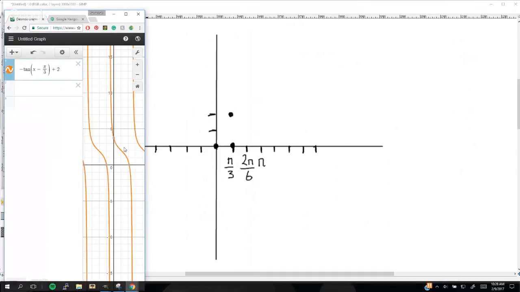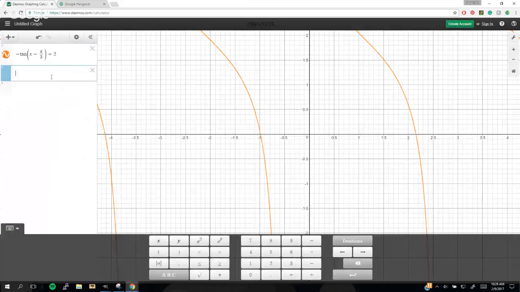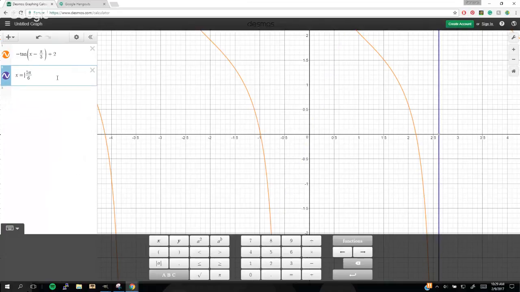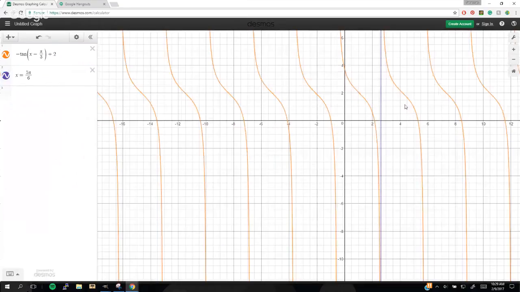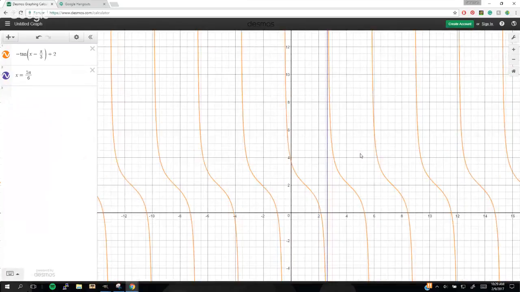Yeah, because they have theirs right there. It looks pretty much the same. But since normally the asymptote is at pi over 2, and we're shifting it over by pi over 3, pi over 2 plus pi over 3 is 5 pi over 6. Okay. Go ahead and see if that's it. So, I think that is it, actually.